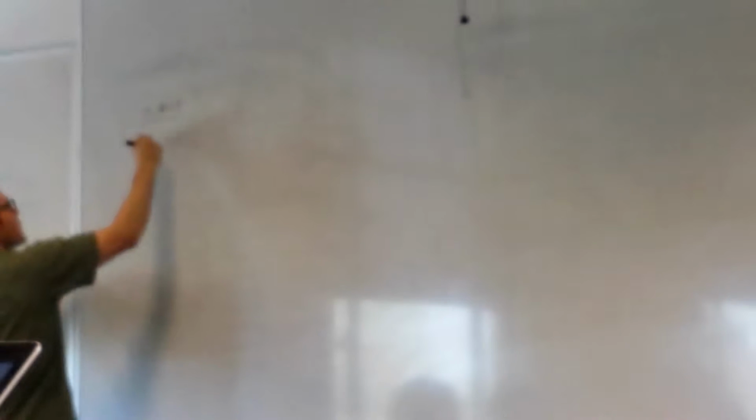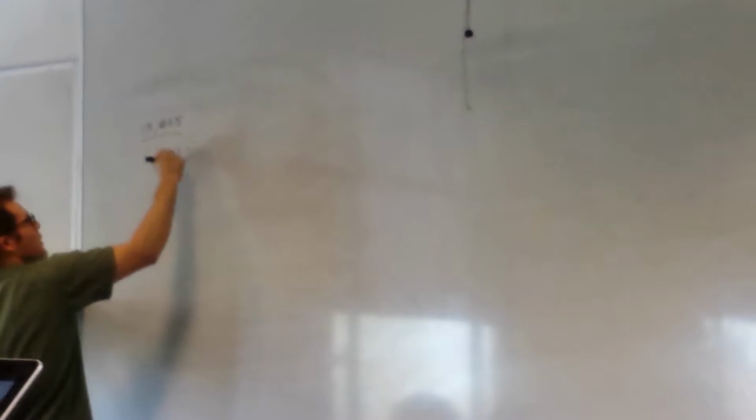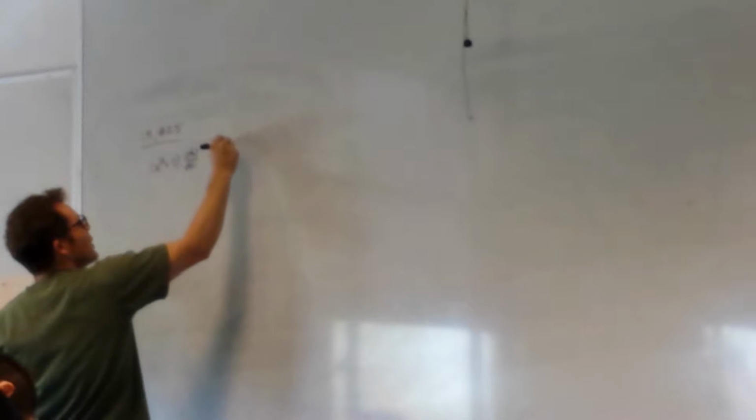All right, so we've got (x squared plus 1) dy/dx plus 3x cubed y equals 6x.